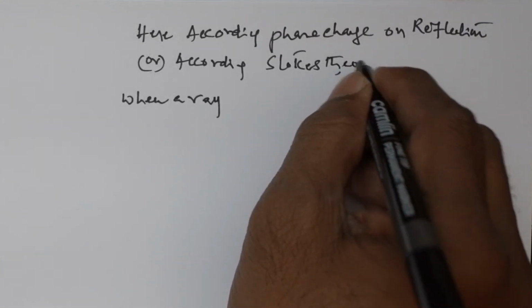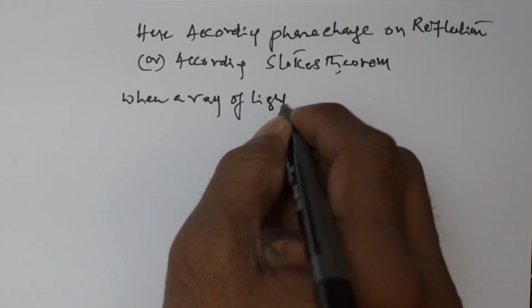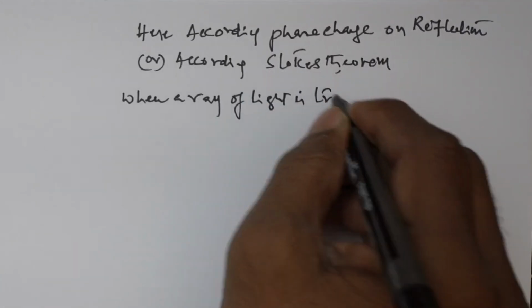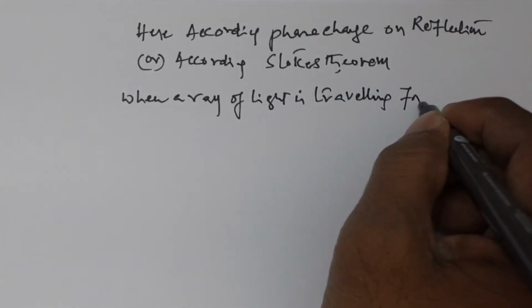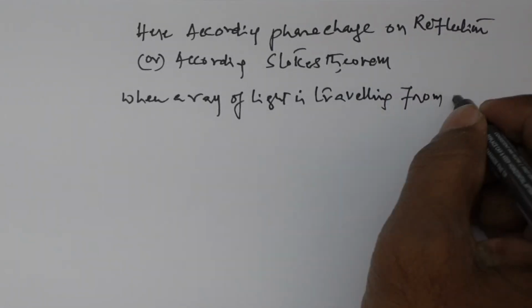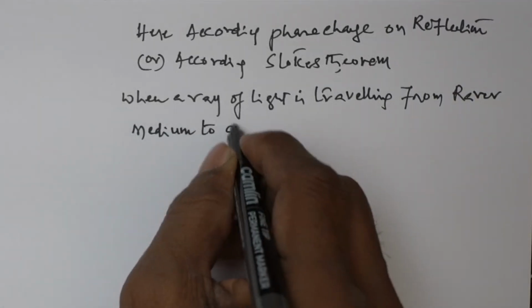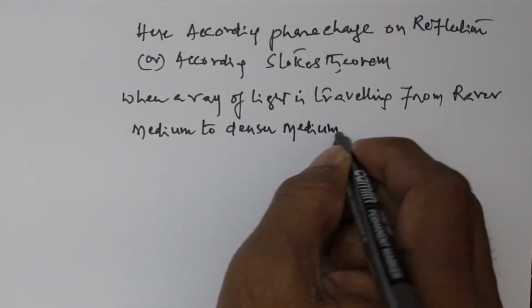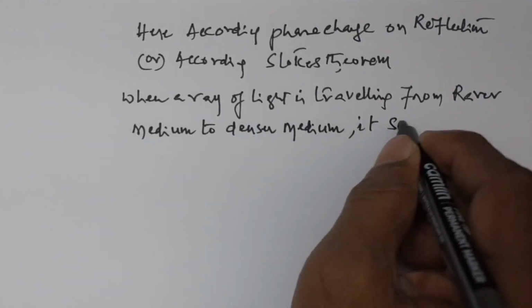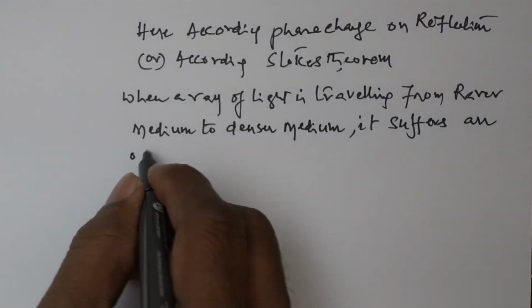According to Stokes theorem, when a ray of light is traveling from a rarer medium to a denser medium, it suffers an abrupt phase change.